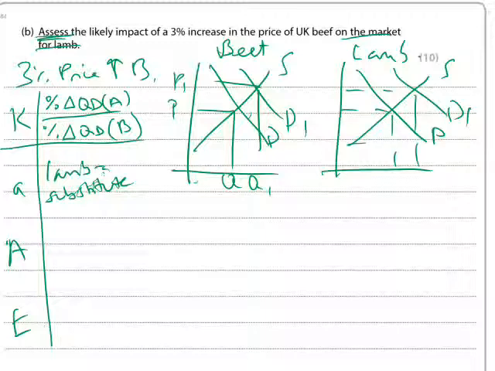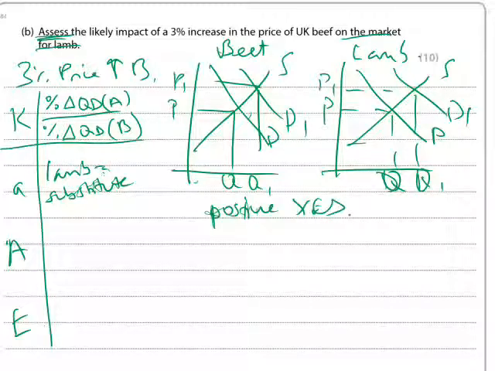So as the price rises for the substitute, the XED would be positive, that's positively correlated, so the rise for one would cause the rise of demand for the other.